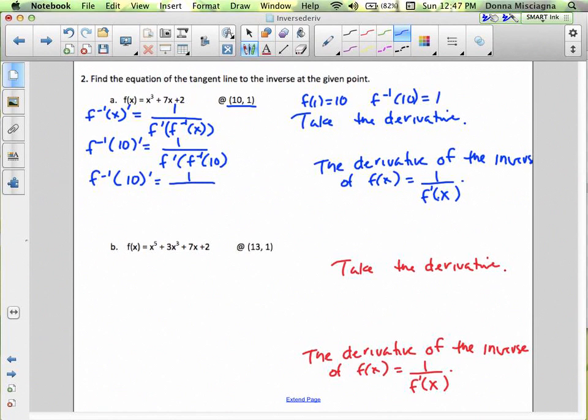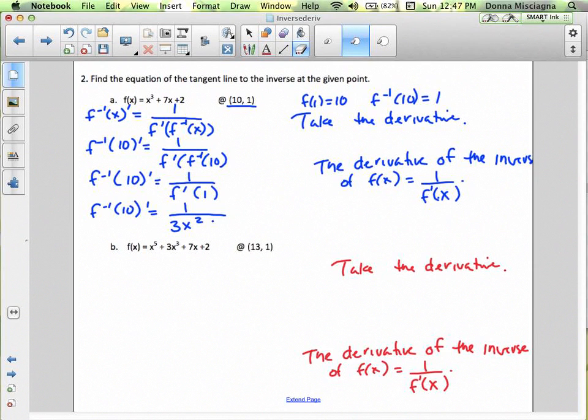So that would be 1 over, so we're going to evaluate the derivative at 1. I wrote down the derivative of the inverse, but we haven't written down the derivative of the function. The derivative of our function there would be 3x squared plus 7x.